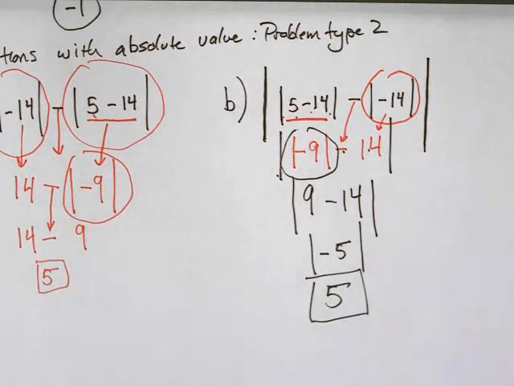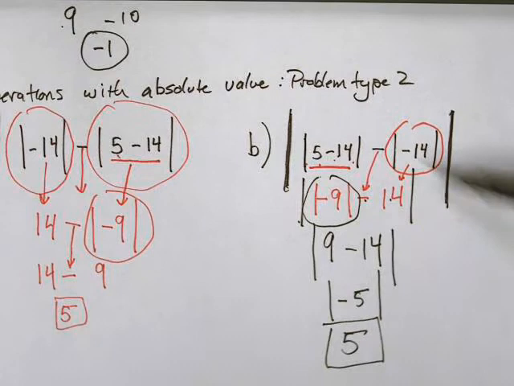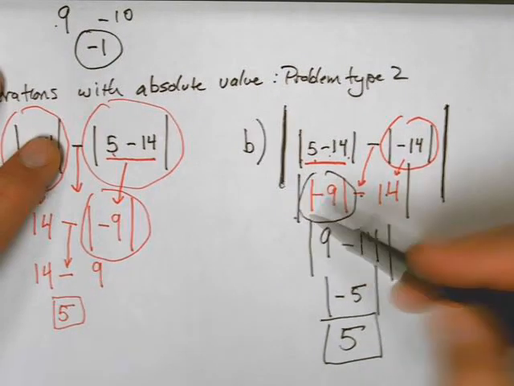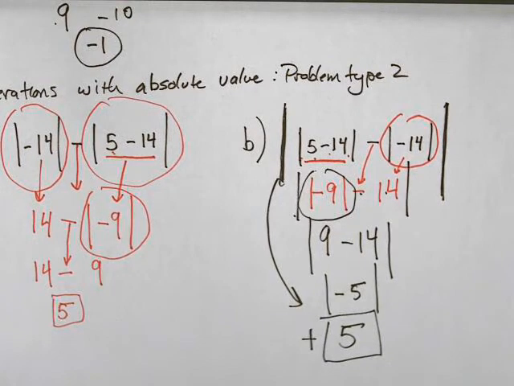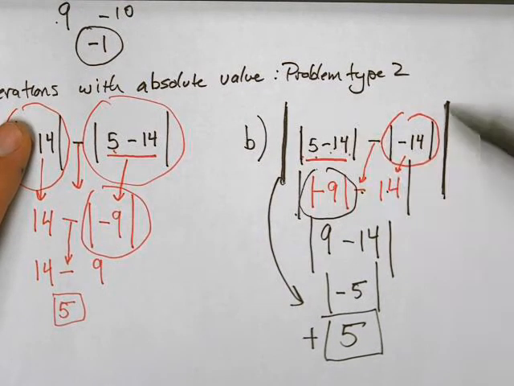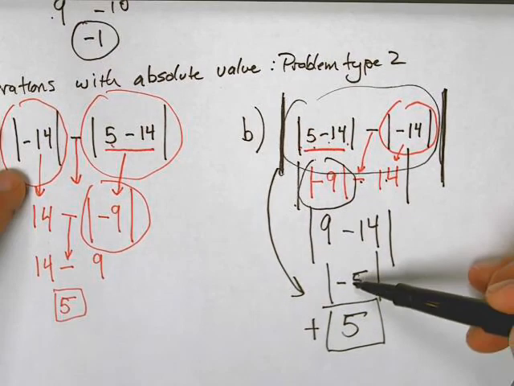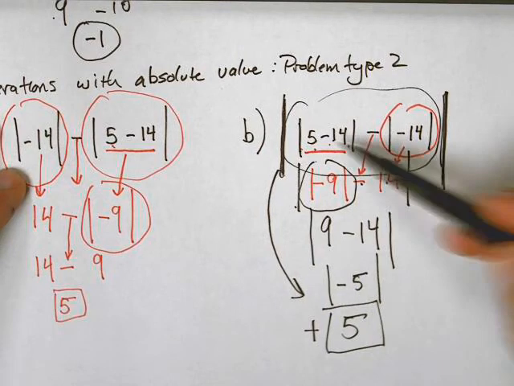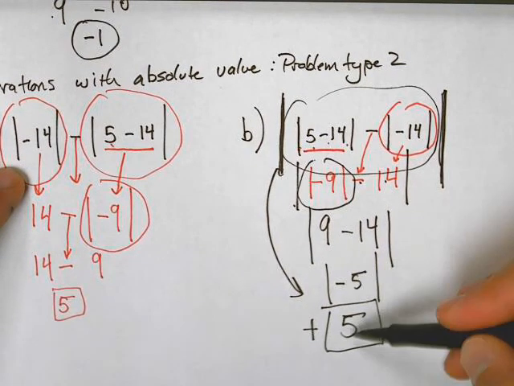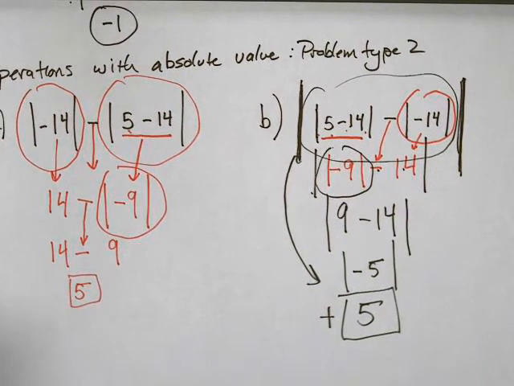So at the end of the day, if you get a problem where you have these large absolute values wrapped around everything, keep in mind your final answer better be positive, because the very last thing that you do is take the absolute value of all of the stuff that's in there. So it might be negative, like here, the second to last step. After I did all the simplifying inside, it was negative 5, but once you take the absolute value, it became positive 5. So those are what the problems look like. Work your way inside out, and you should be fine.